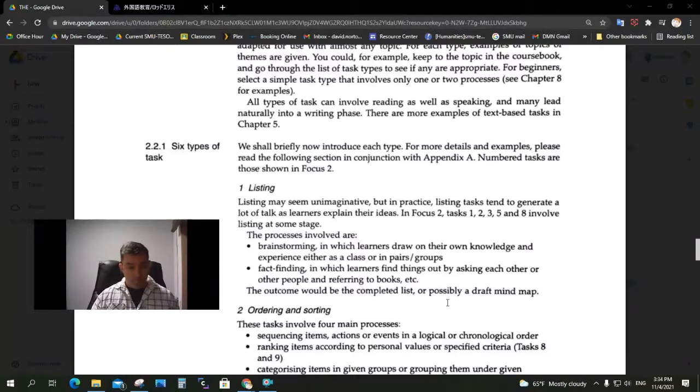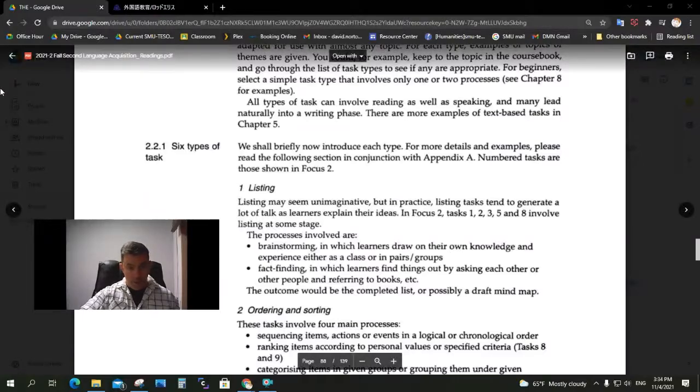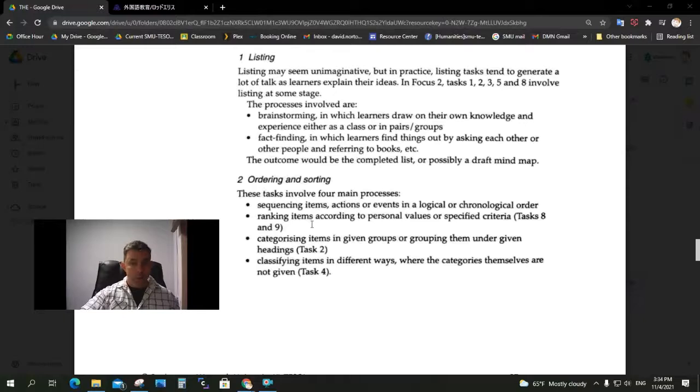So the outcome there would be the list of the traits of an excellent teacher. Ordering and sorting could include all of these categories: sequencing, ranking, categorizing, classifying. This is very useful, especially if there's a concept they just learned. Like, now let's rank them all according to how well they fit this concept.